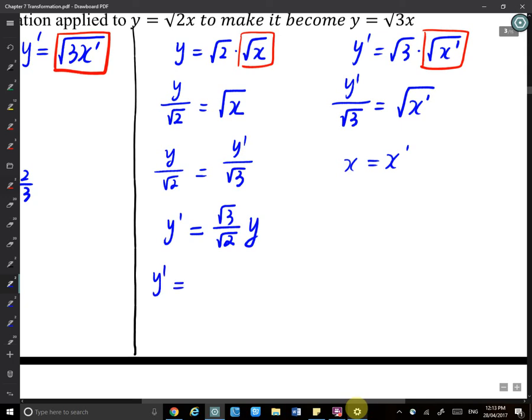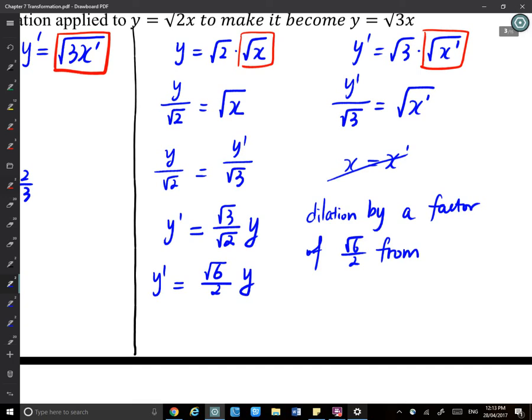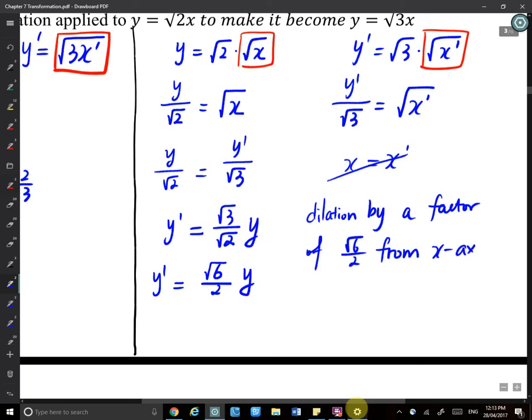Y dash equals root 6 over 2 y, multiplying root 2 on both top and bottom. So this is a dilation by a factor of root 6 over 2. It's changing the y value, so from which axis? The x-axis.